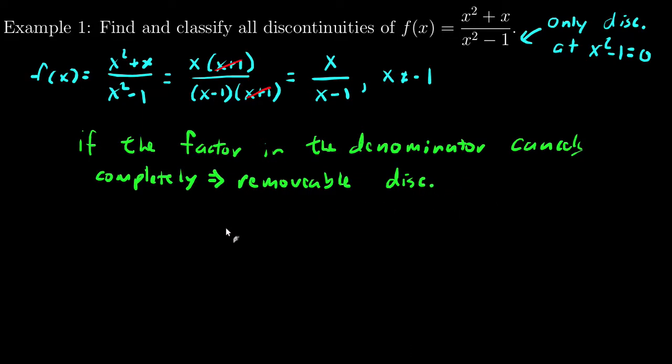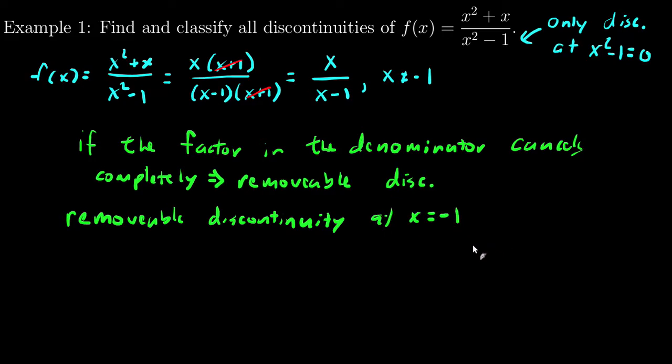So this means that we have a removable discontinuity at x equals negative 1.